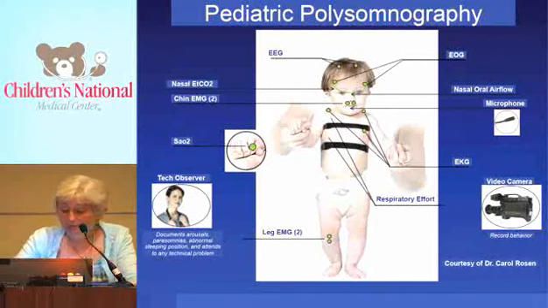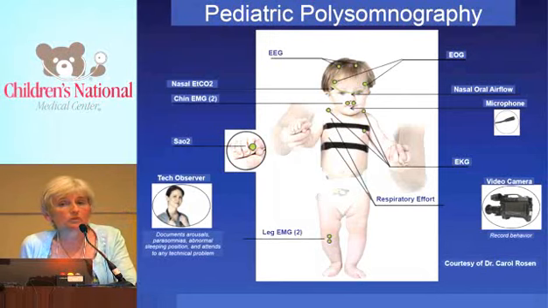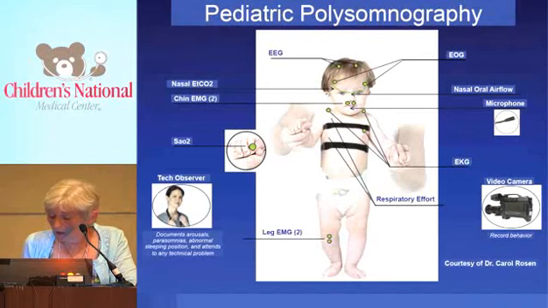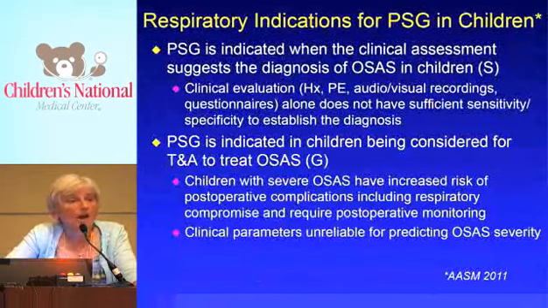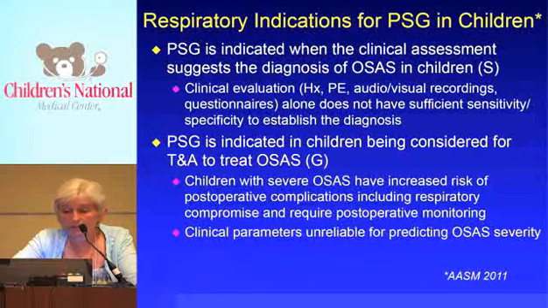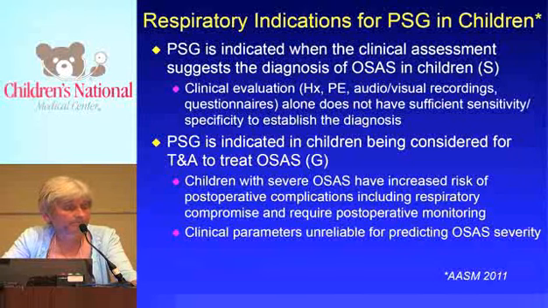Pediatric polysomnography. I'm going to spend a bit of time talking about this because I think there are some important new recommendations in regards to respiratory indications for PSG in children. These were published by the American Academy of Sleep Medicine in March of 2011.